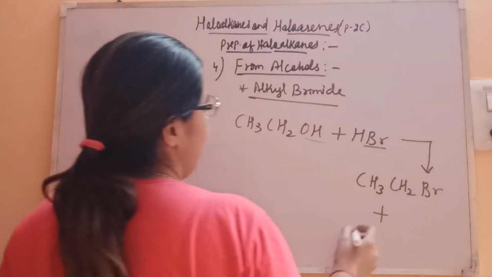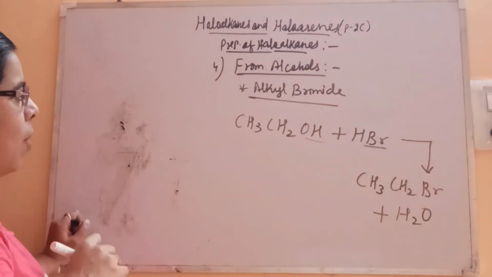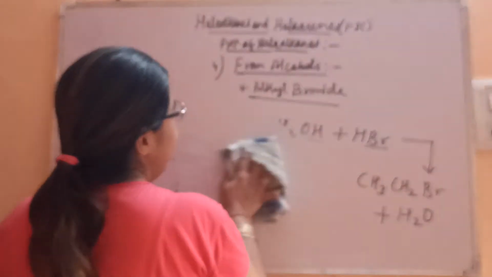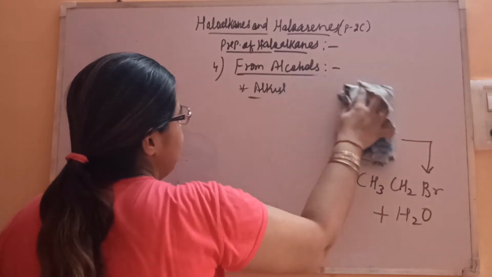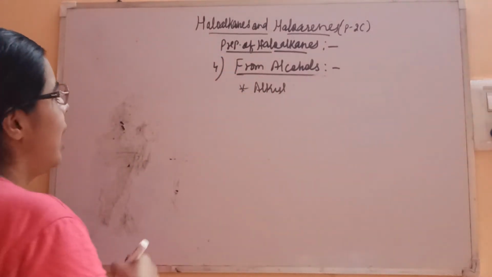You will get water. Okay, so this is the product which is getting formed. Now similarly we'll prepare alkyl iodide. Again the method is different. Alkyl iodide.